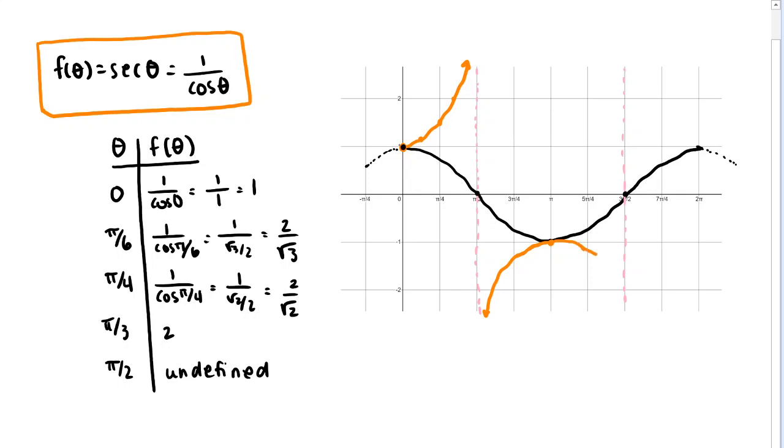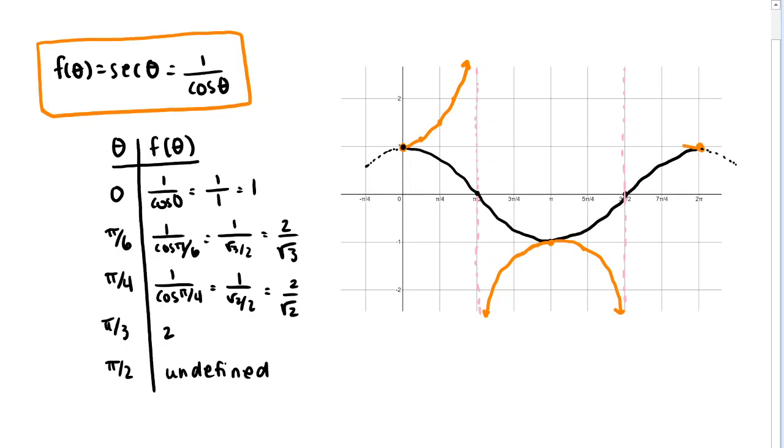So as we get closer and closer to 3 pi over 2, cosine of that angle is going to be smaller, and dividing by that result is going to make my secant of theta value get larger and larger. And similarly, secant of 2 pi is going to give me 1, just like cosine of 2 pi gives you 1.